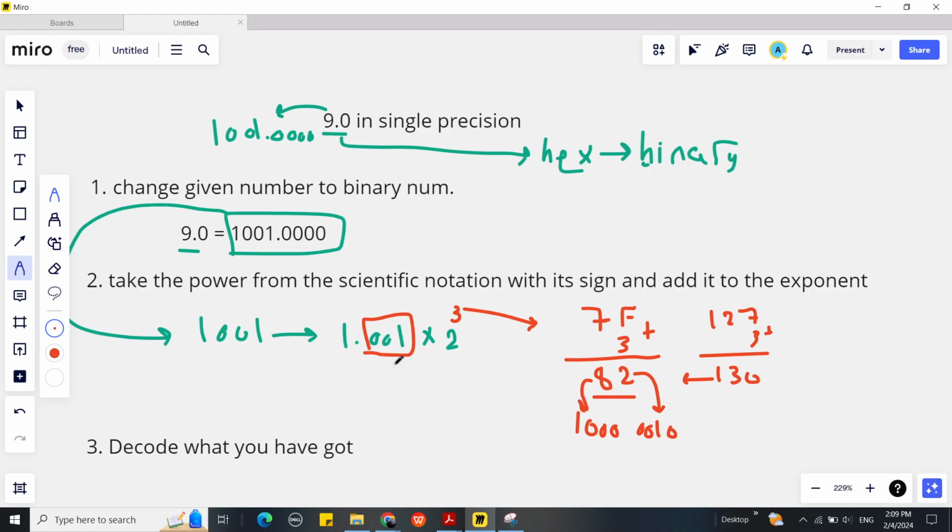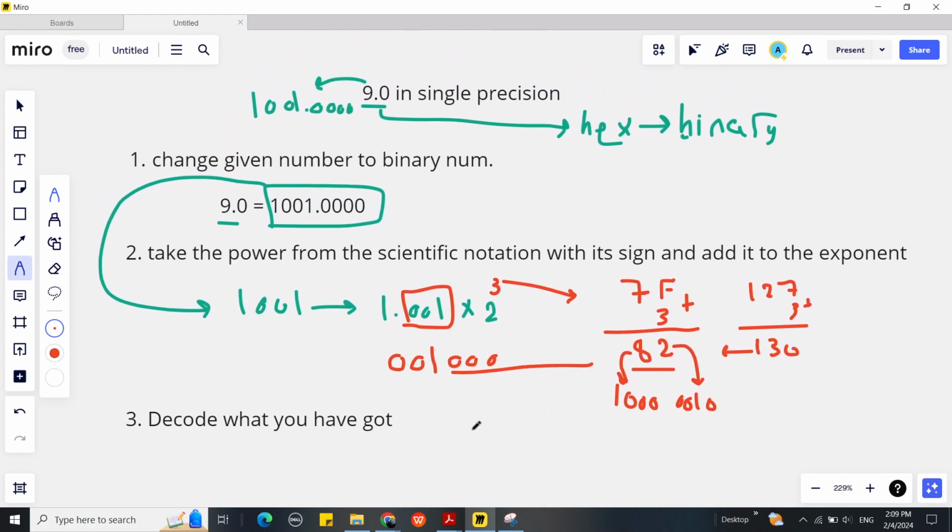But remember, the mantissa is made of 23 bits, and I only have 3 bits here. So I'm going to write 001, and 23 minus 3 is 20, so the 20 bits left are just going to be zeros, 20 zeros from here to here. Now let me decode what we have got.